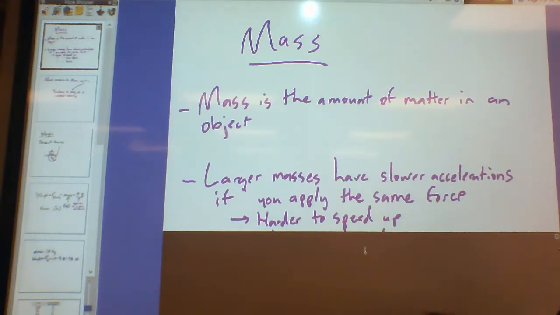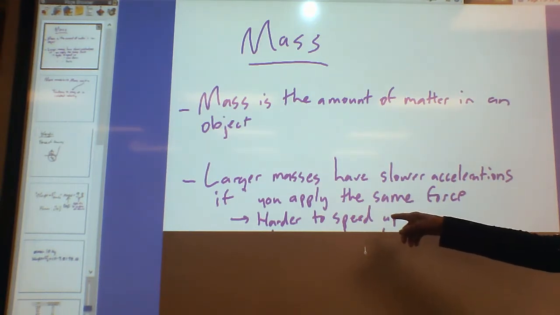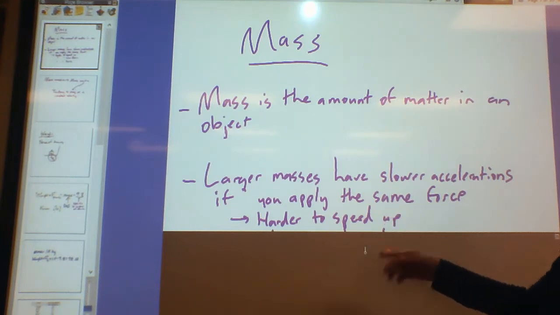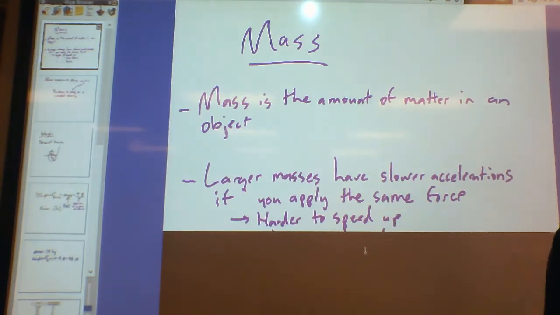It may take them a couple days to get up to speed. But once they get up to speed, they actually are going pretty fast. One of those big tankers in the middle of the Pacific Ocean is actually going really quite fast. It just took days to get up to speed because it accelerates so slowly.